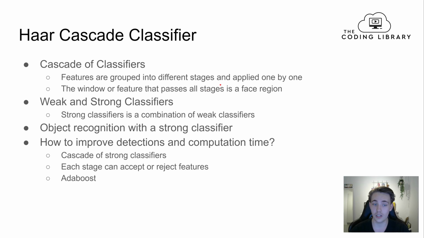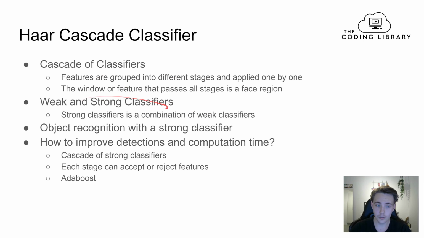The window, or the feature, that passes all the stages is a face region. As I talked about, we get fewer and fewer features because we're using this AdaBoost optimization. So if a couple of features pass all the stages, then we know that it's a really good feature and it will be a face region, in the case where we train a Haar Cascade Classifier to detect faces.